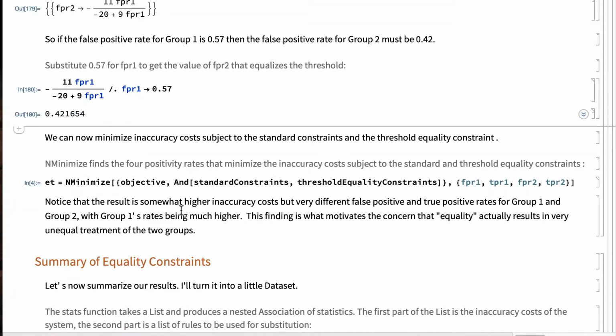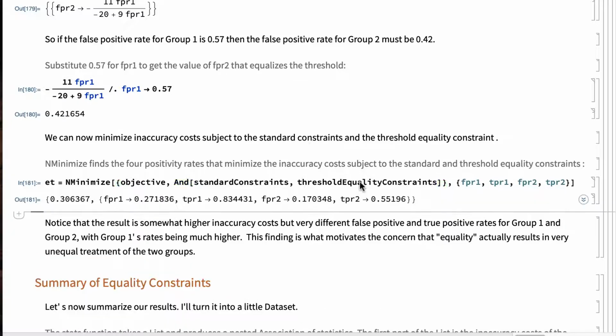And now what we can do is minimize our objective function subject to our standard constraints and our threshold equality constraints. So what we get is the following, and you can see that inaccuracy costs did go up a little bit, but not too badly. However, what you can also see is the difference in the false positive rates and the true positive rates that result from an equal standard for everybody.